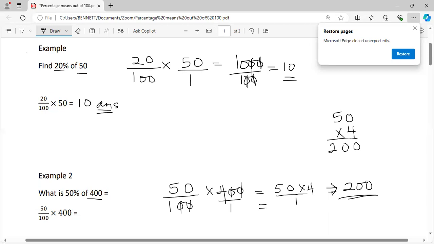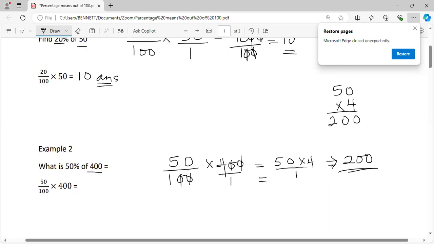All right. We good to go now, guys? Yes, sir. All right. So just remember, percent means out of 100, right? That's the main idea, and you know the symbol.